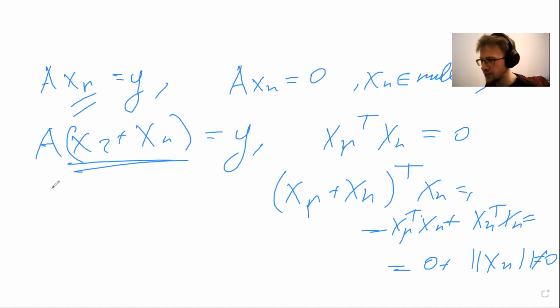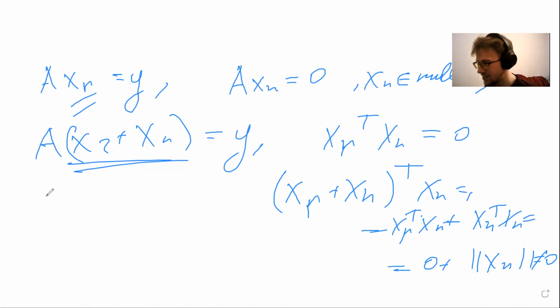The row space has this property of producing unique outputs. Every element of the row space would produce a unique output, but not every vector that produces an output is an element of the row space. As you can see here, this vector produces y, but it is not an element of the row space.